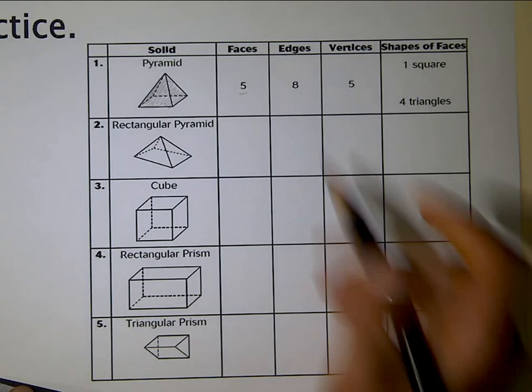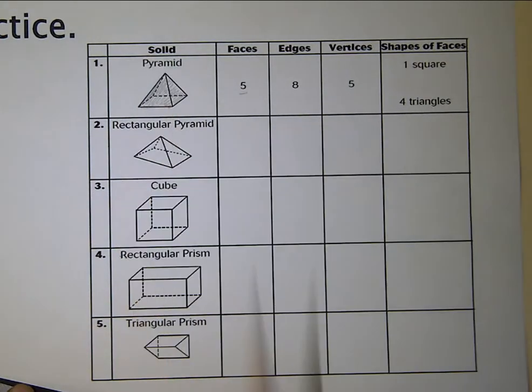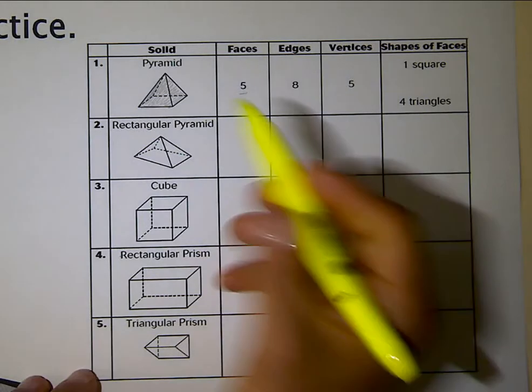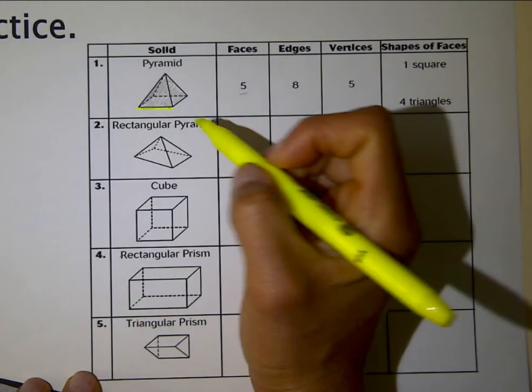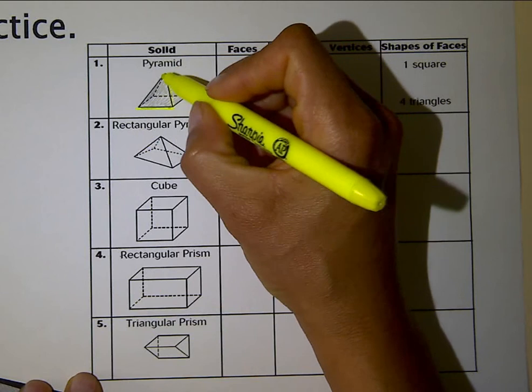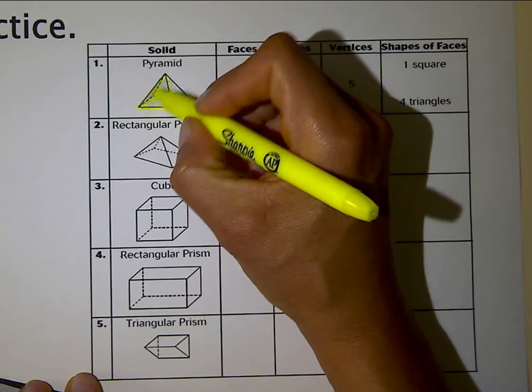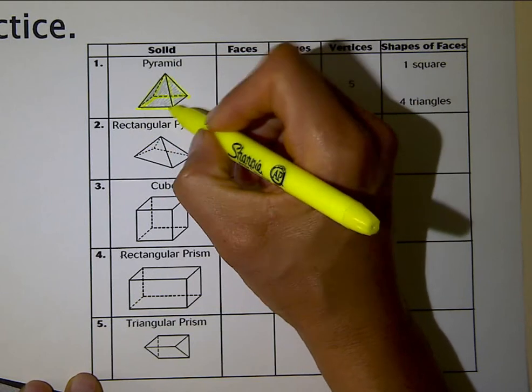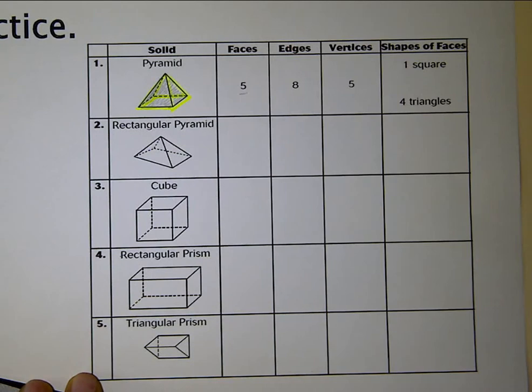For edges, I like to just trace over the edges to make sure I don't miss them. 1, 2, 3, 4, 5, 6, 7, 8. 8 edges.